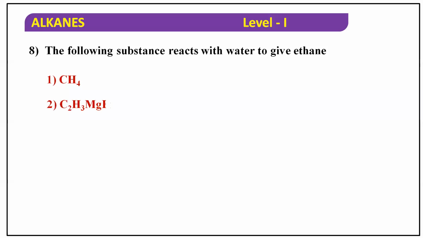Which of the following substances reacts with water to give ethane? Now, this is an important reagent. We discussed that the main purpose of that reagent is that it can easily form alkanes. It is the Grignard reagent, right?